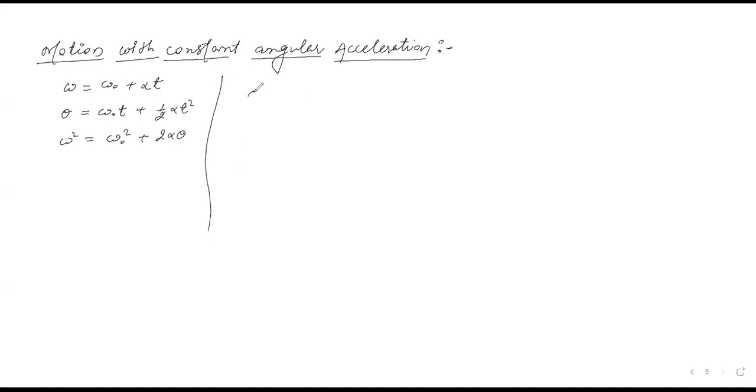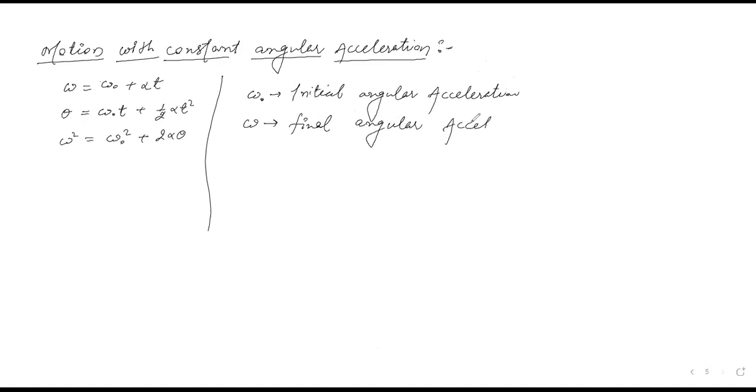Here, omega naught is initial angular velocity, omega is your final angular velocity, theta is angular displacement, and alpha is your angular acceleration.